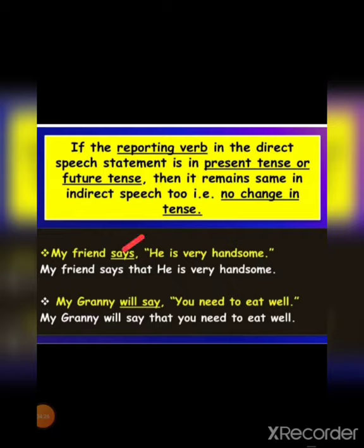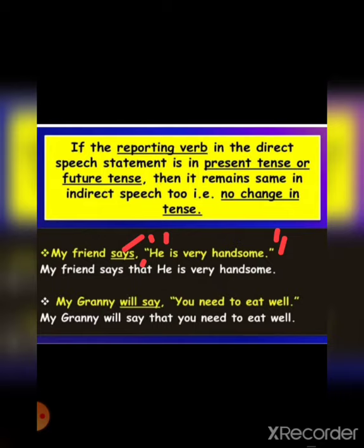So where are these reporting verbs placed? These reporting verbs are just before the comma and inverted commas. See here, inverted commas are there, and just before that, the reporting verb will be there. Says, will say, said, told, and in this way reporting verbs are usually written.